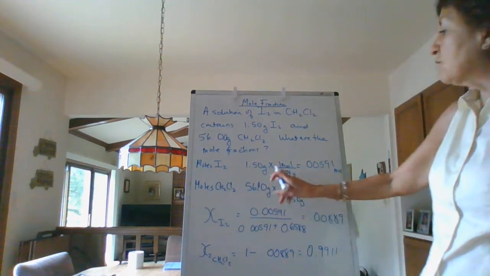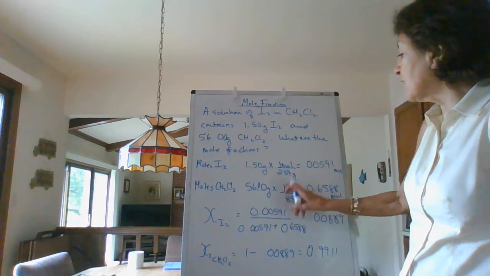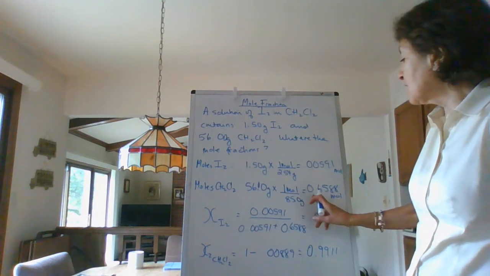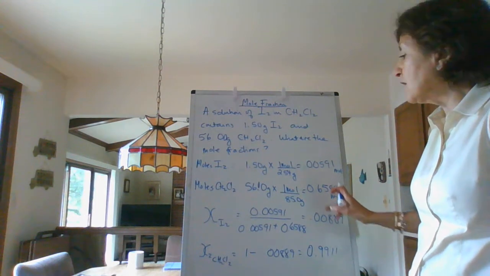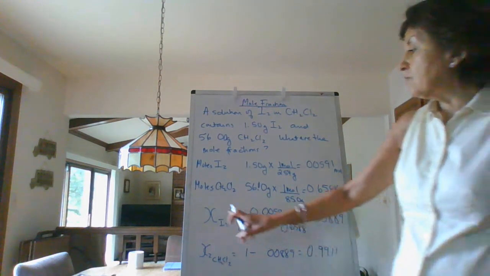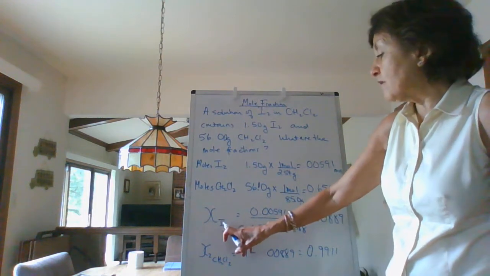All right, so I went 56.00 grams of methylene chloride, used the molar mass, and I had 0.6588 moles of methylene chloride.